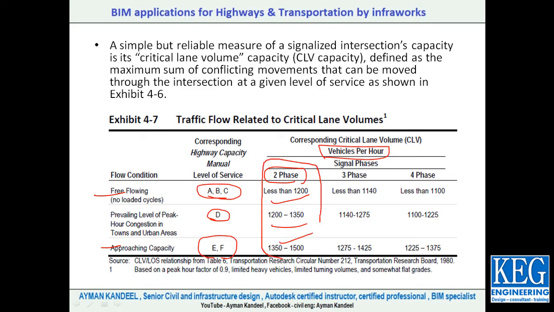So we can determine the CLV for vehicles per hour based on the level of service and the flow condition. This is for 3-phase and 4-phase.